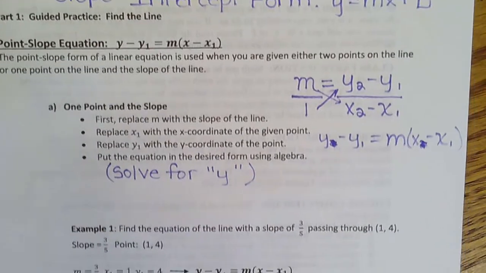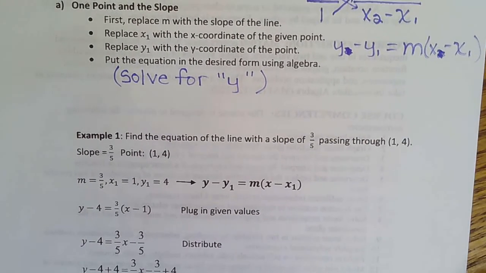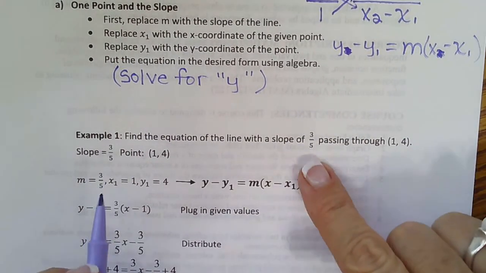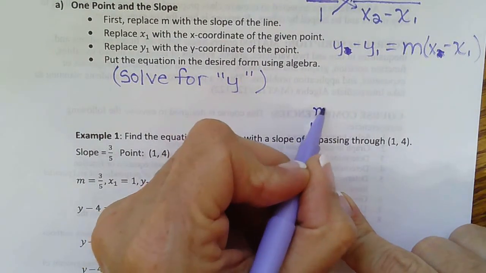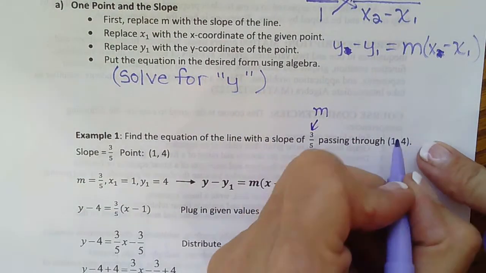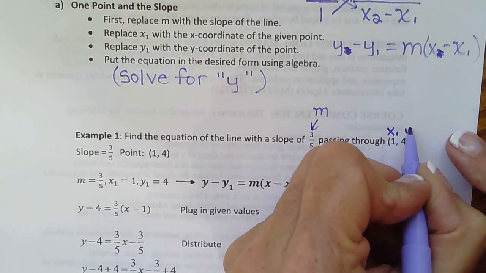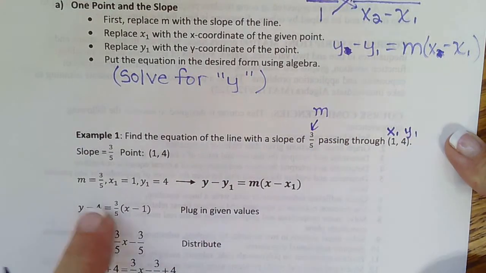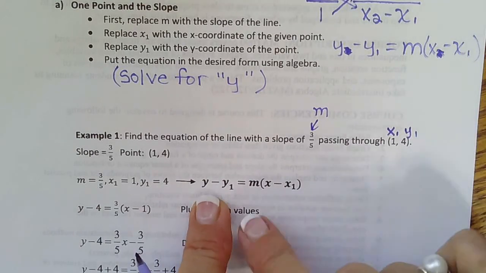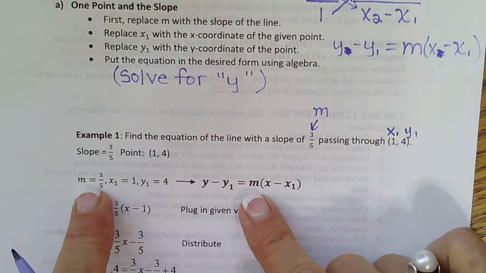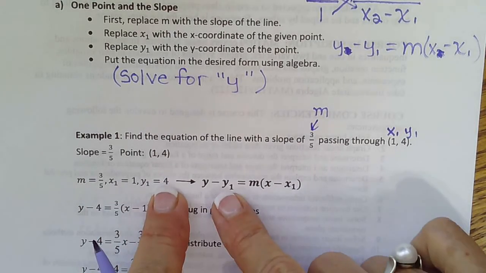So I worked out an example for us to follow these steps. Here is my slope, so this is my m. As the directions say, the x is called my x1 and the y is called my y1. So here's my point slope form, and I'm going to plug m in here, x1 in here, and y1 in here.